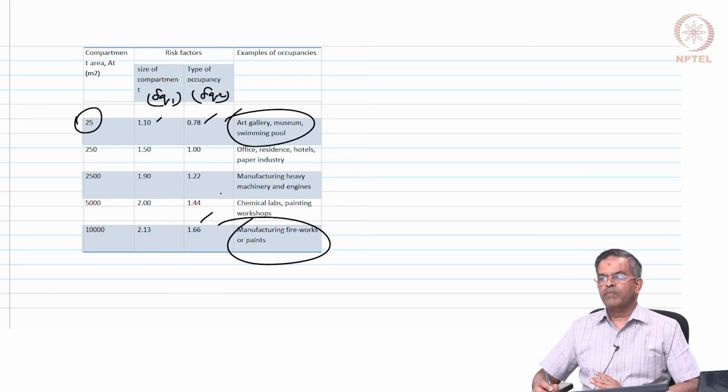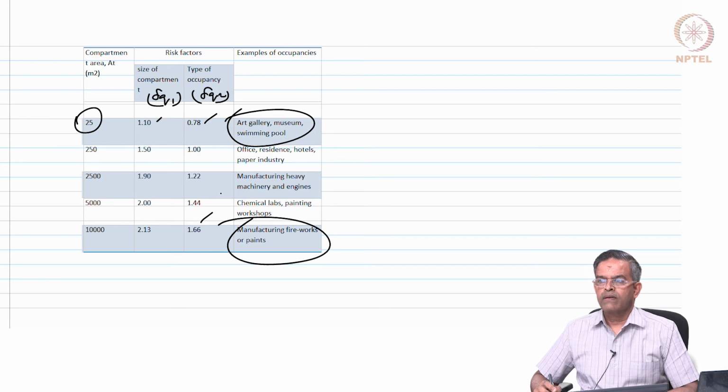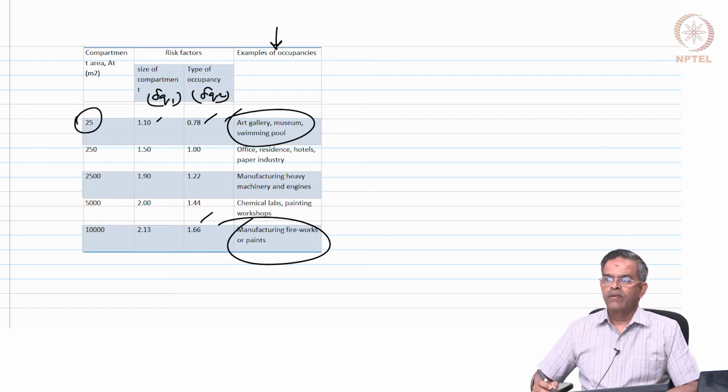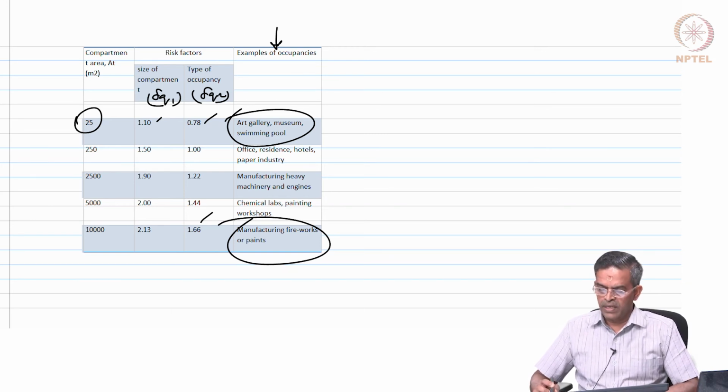So, the example of occupancy is also listed here, which helps me to compute the del Q1 del Q2 factors required to compute the FLED of the design value.